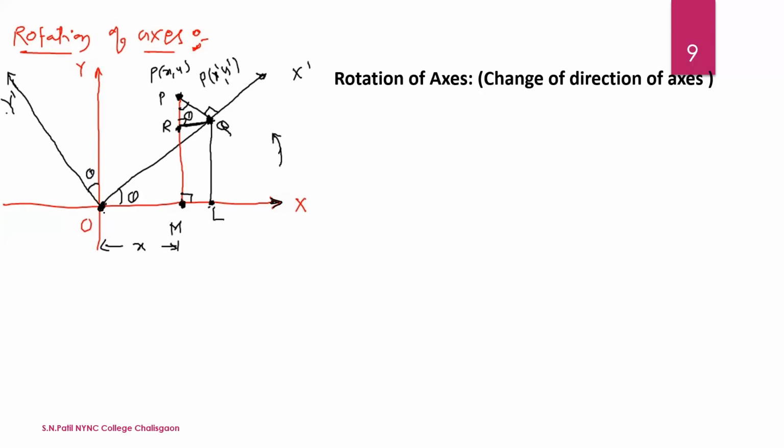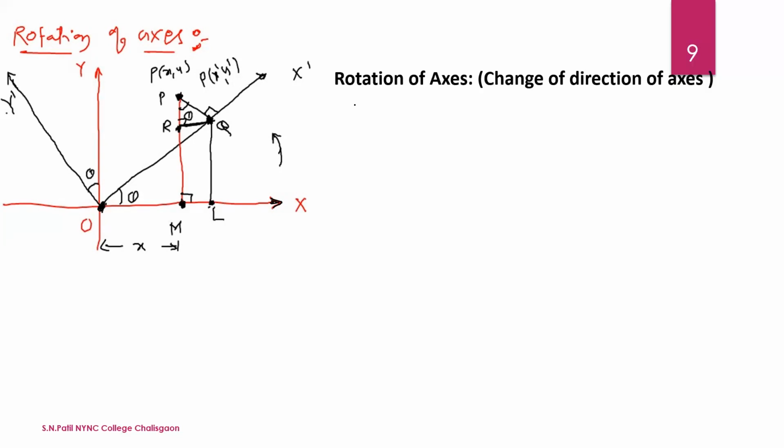The new axes are OX dash and OY dash. We consider the same point, but its coordinate is changed. Now the distance from O to Q we consider as x dash, and this perpendicular line P to Q, which is parallel to the y dash axis, has a distance we consider as y dash.